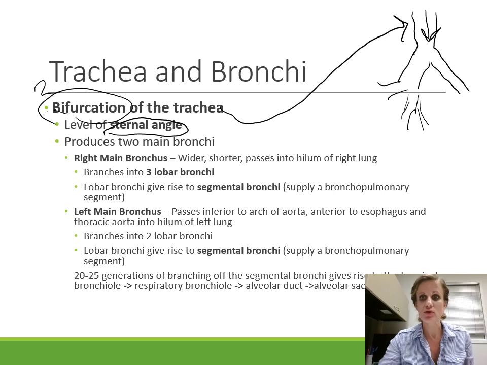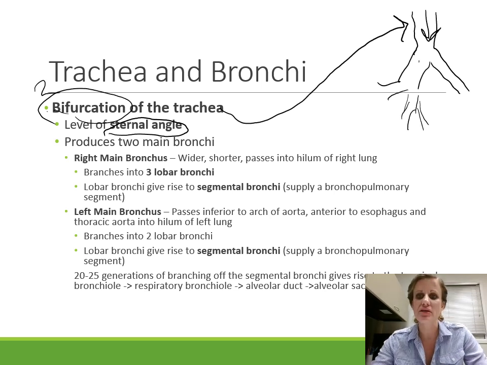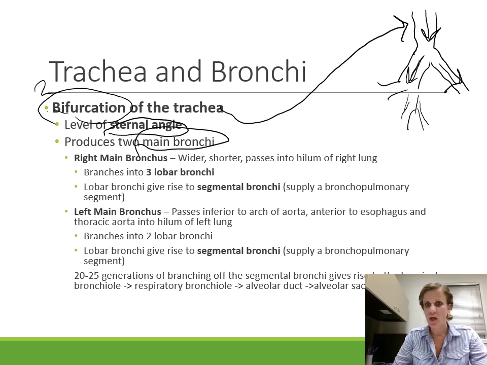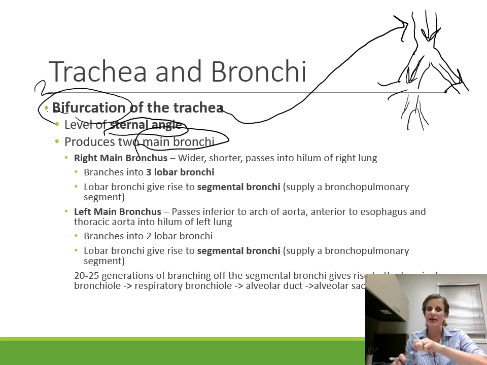So this single trachea V's or splits at its bifurcation and gives us two what we call main bronchi. Okay, so the left main bronchus and the right main bronchus. And these obviously are going to either side of the chest. Right, so the main bronchi are going to be delivering air to each of the lungs. Now, the right main bronchus and left main bronchus are slightly different structurally.